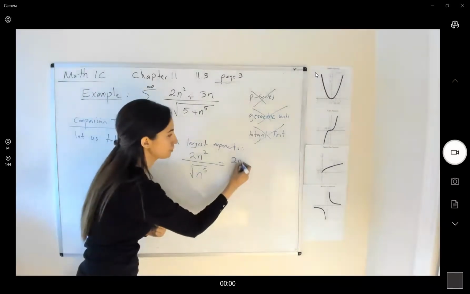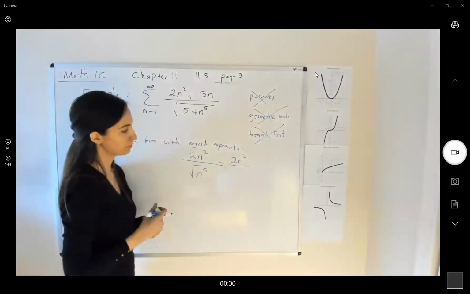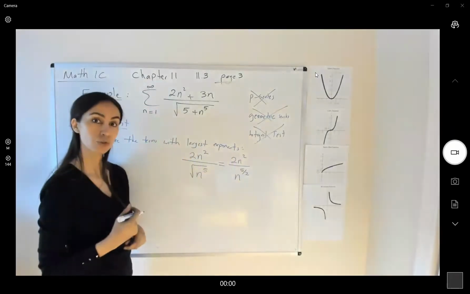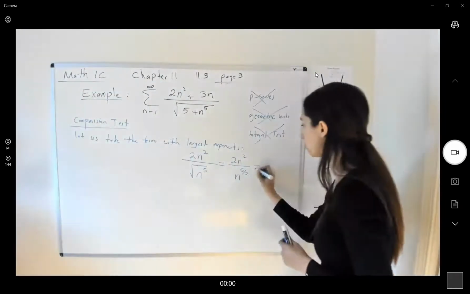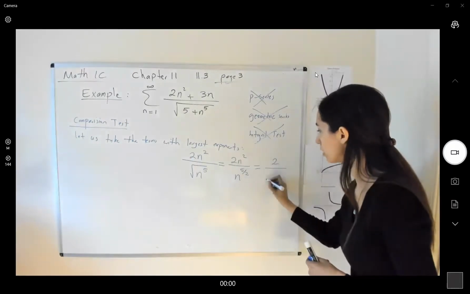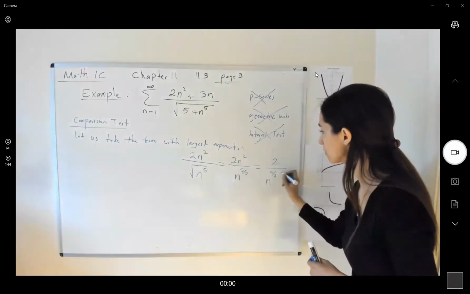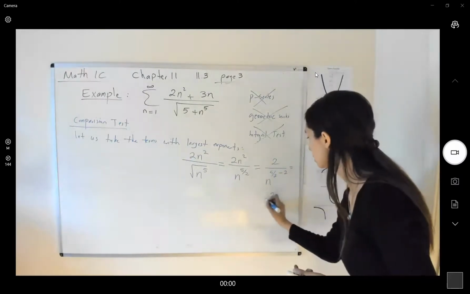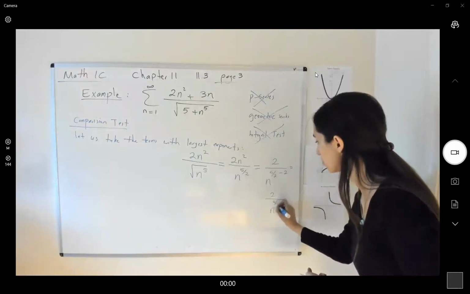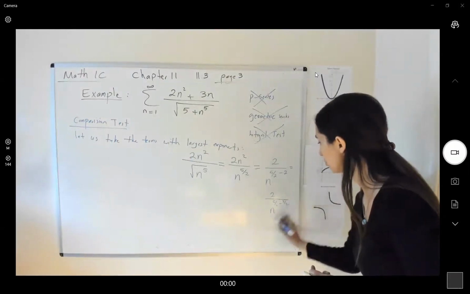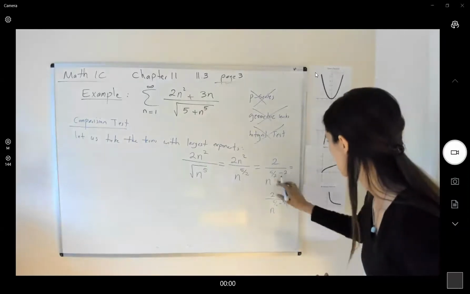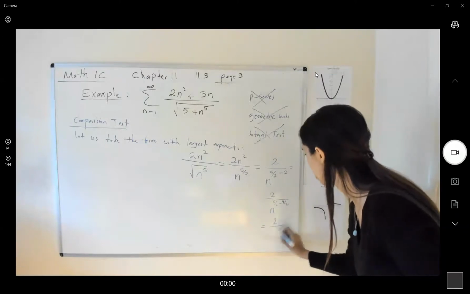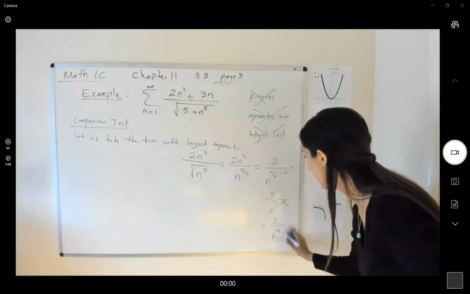I get 2n squared divided by n to the 5 over 2, which is equal to 2 divided by n raised to 5 halves minus 2, which is 2 divided by n raised to 5 halves minus 4 over 2, which gives me 2 divided by n raised to a half.